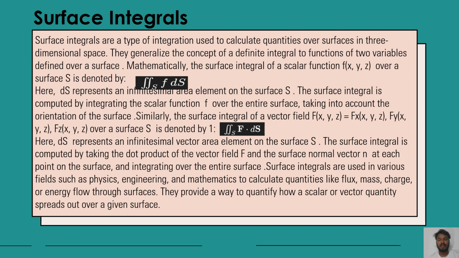Surface integrals are used in various fields such as physics, engineering and mathematics to calculate quantities like flux, mass, charge, or energy flow through surfaces. They provide a way to quantify how a scalar or vector quantity spreads out over a given surface.